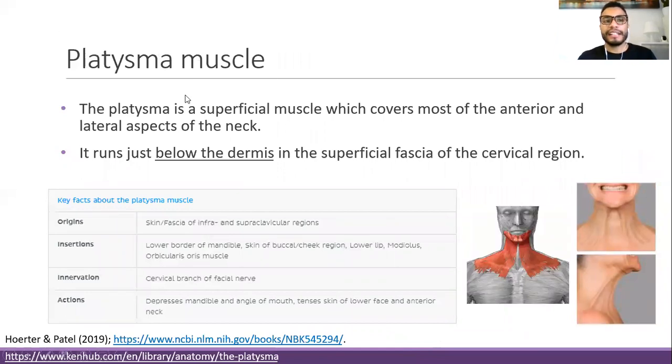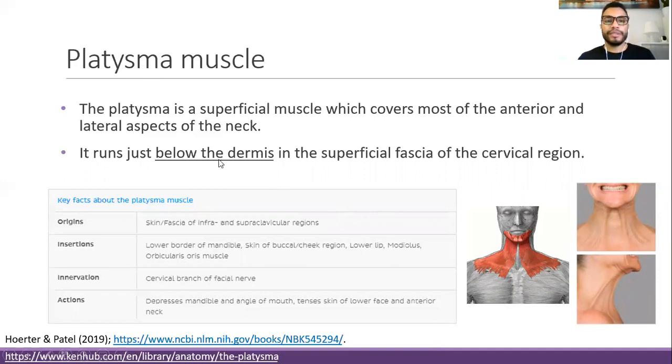This is a typical muscle that is classified as subcutaneous muscle, or superficial muscle, because most of the muscles are attached to bones. In the case of the platysma, it is a superficial muscle which covers most of the anterior and lateral aspects of the neck, as you see here.